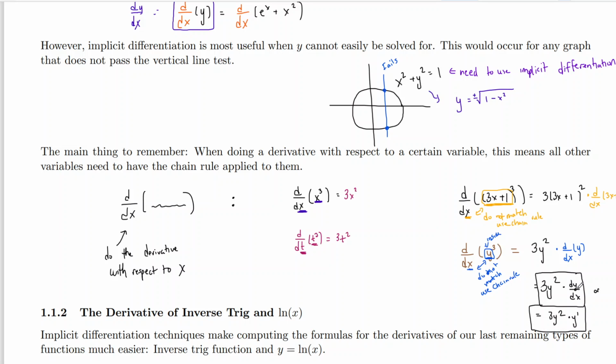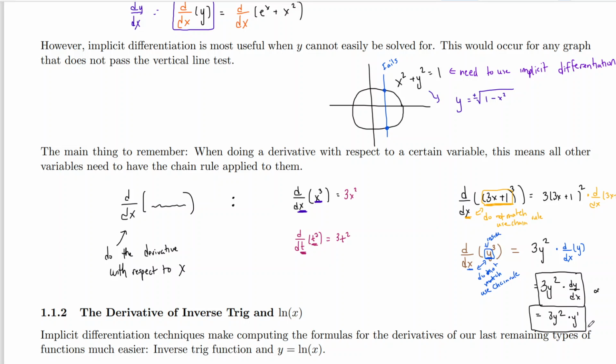Now, the reason I would suggest trying to use dy over dx instead of y prime is that dy over dx tells you the variable you're taking the derivative with respect to. Of course, if you have x's and y's in your equation, then y prime just automatically means the derivative with respect to x, but it's clearly more labeled if you write dy over dx. So I pretty much only use dy over dx and not y prime. That's another reason why I tend to use dy over dx over y prime, even though y prime is easier to write.